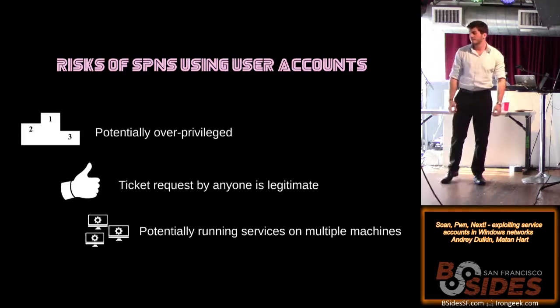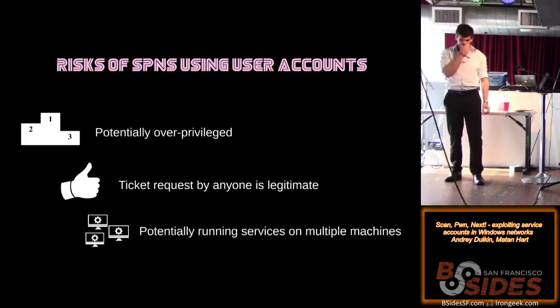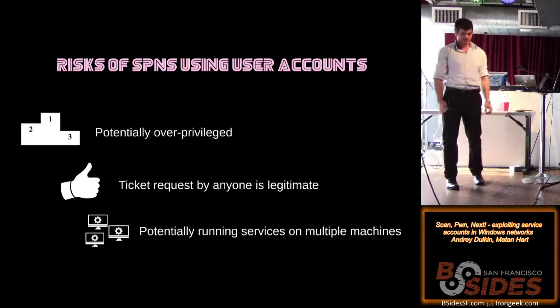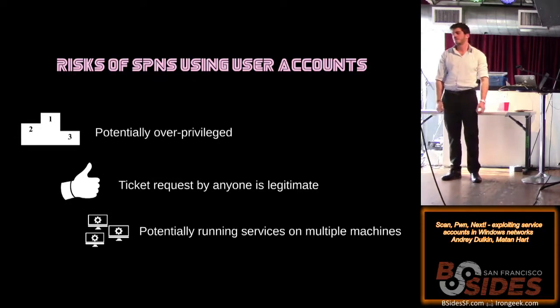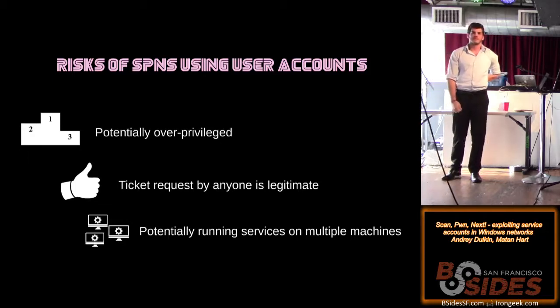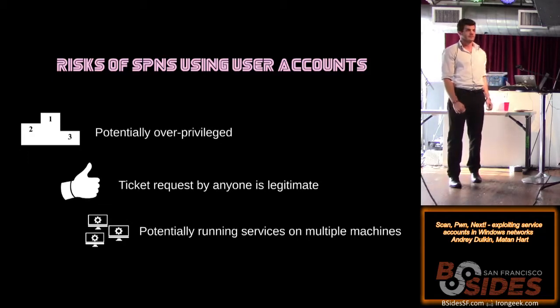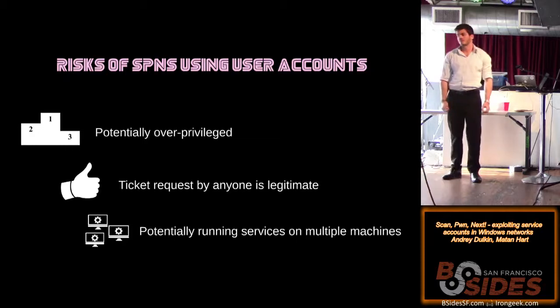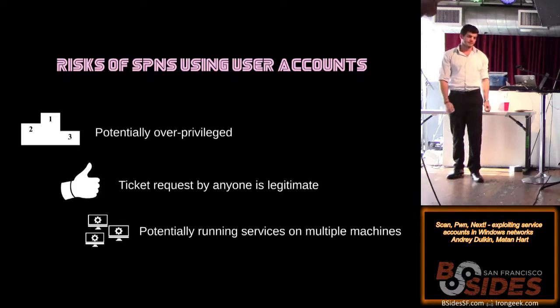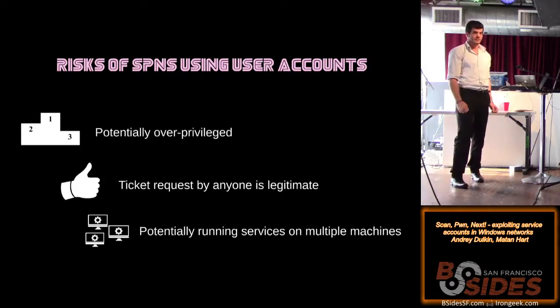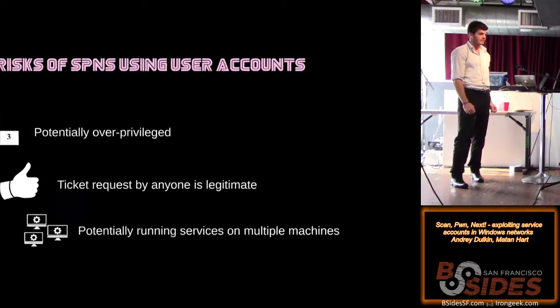A ticket request by anyone for the SPN will be legitimate. This is the same issue whether it's a computer account or a user account. Any user can request a ticket to any SPN in the network. And potentially, the same account will be used to run multiple services on multiple machines. So if one is compromised, it is possible for an attacker to compromise others as well.